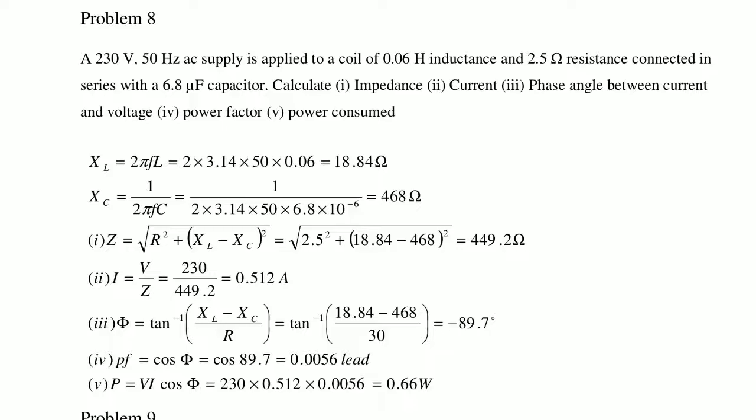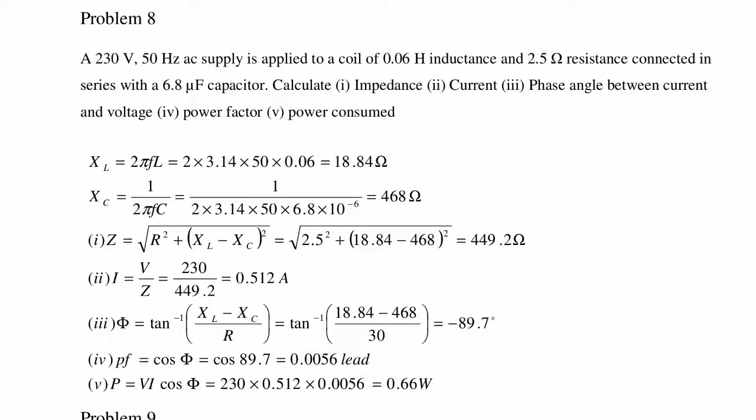Calculate. So what are the calculations? What are those given? First, impedance; second, current; third, the phase angle between the current and voltage, that means phi; and the fourth one is power factor, that means cos phi. And the fifth one is power consumed.